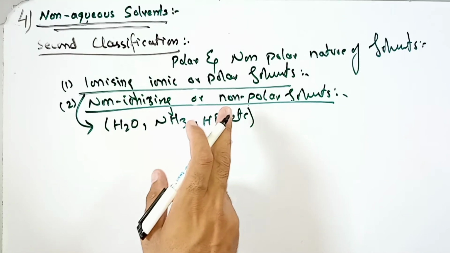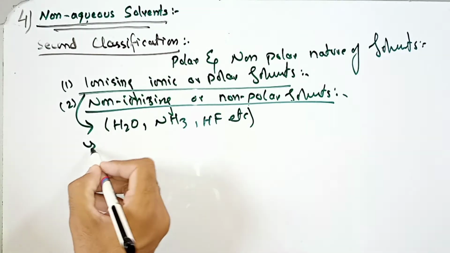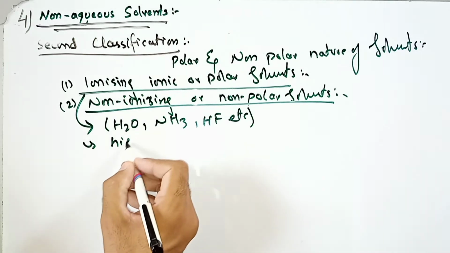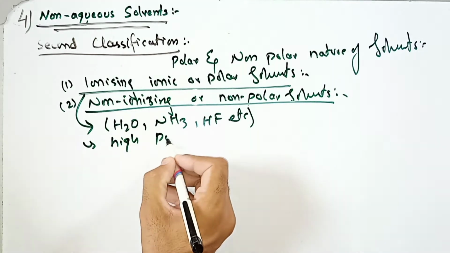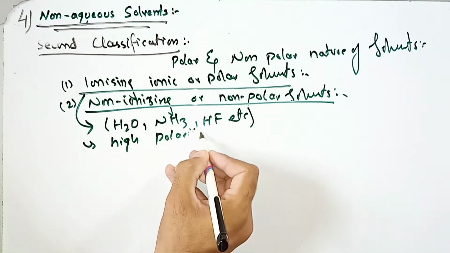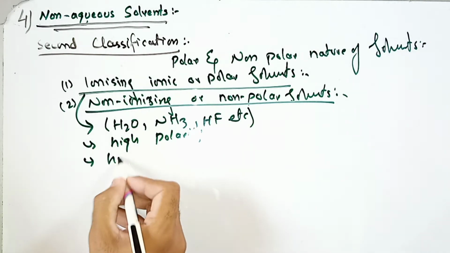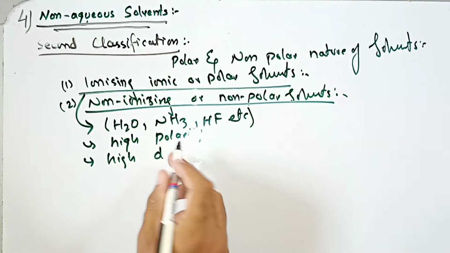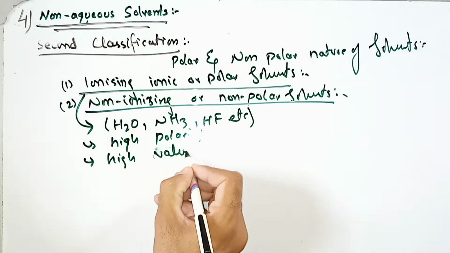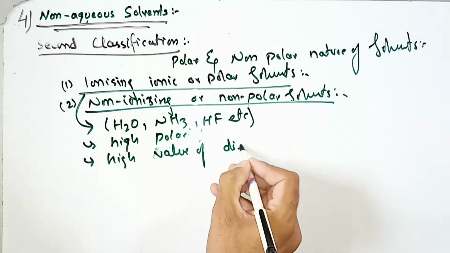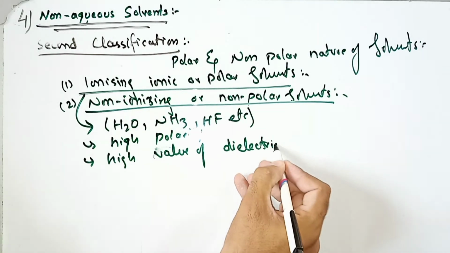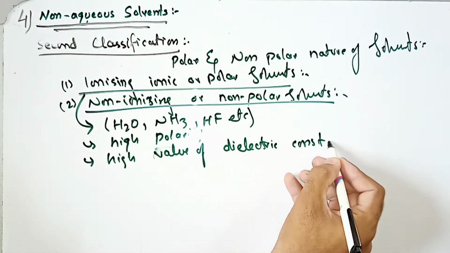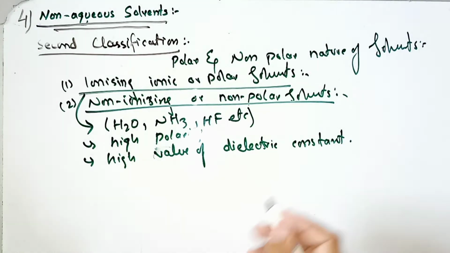Ionizing or polar solvents have high polarity and a high value of dielectric constant.